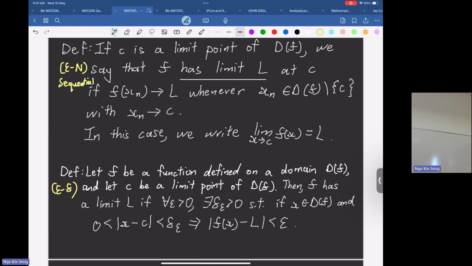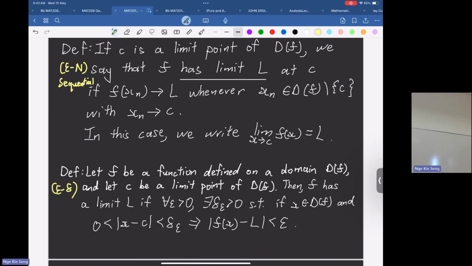But this line here is similar. You want to make sure that f of those x minus your limit is less than epsilon. Previously also less than epsilon, the difference. So the difference here is there might be no sequence already.